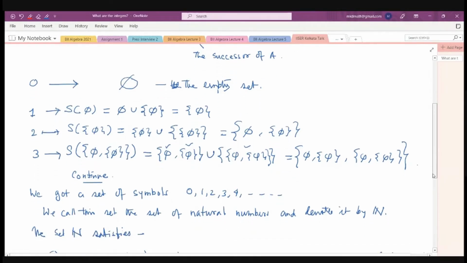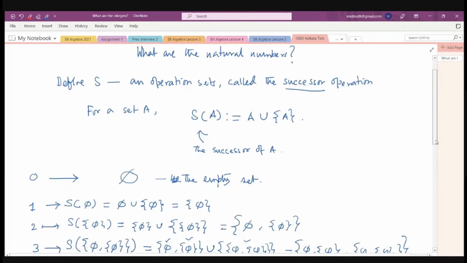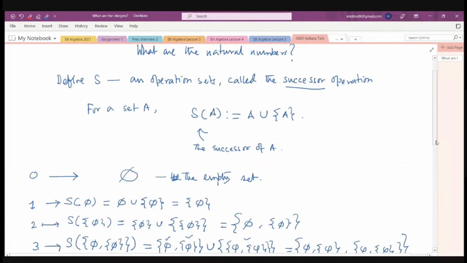Okay. Sir, what is successor? Successor is the operation that I defined at the beginning, that if you take any set A, then the successor of A is the set formed in this fashion: A union the set containing A. And what I have shown you is that I am taking 0 to be the empty set. 1 is the successor of the empty set, which turns out to be the set containing the empty set, and so on.